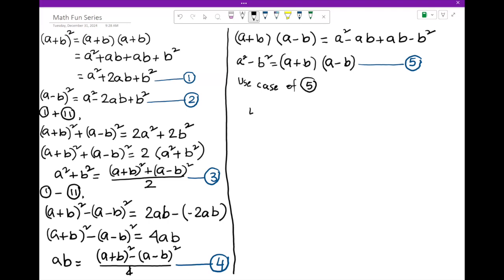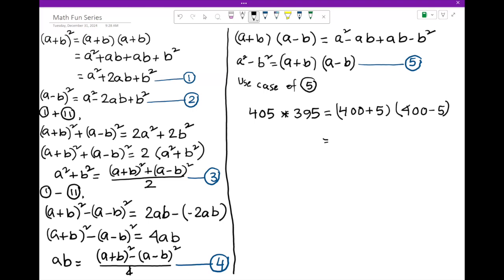For example, if you want to multiply 405 by 395, you can format it as 400 plus 5 and 400 minus 5.